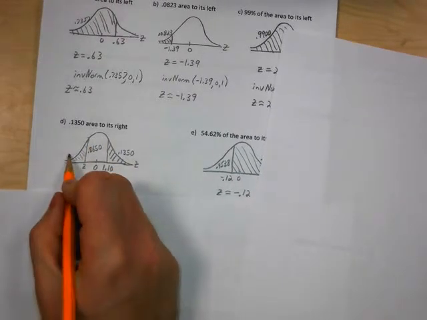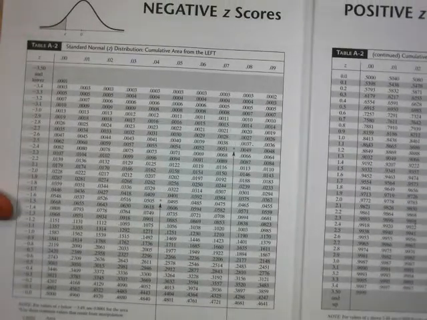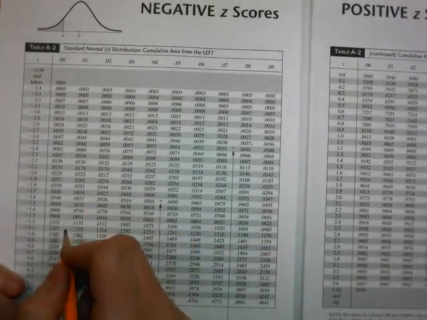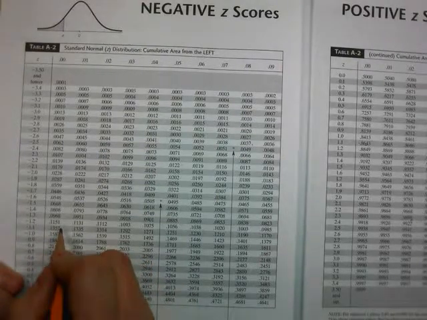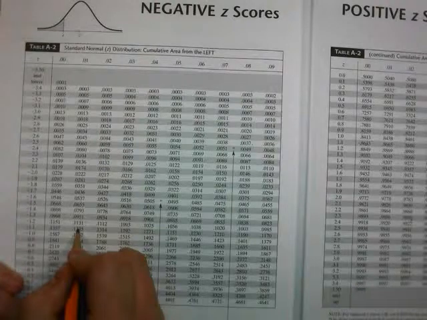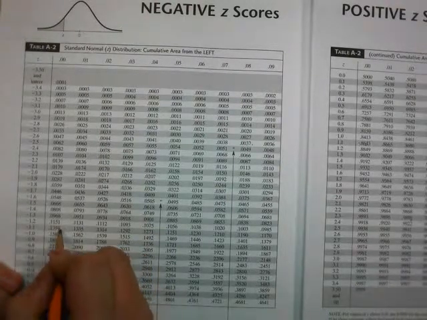So if you look up 0.1350, there's 0.1357 and there's 0.1335. So we're 15 above this one and 7 below this one.